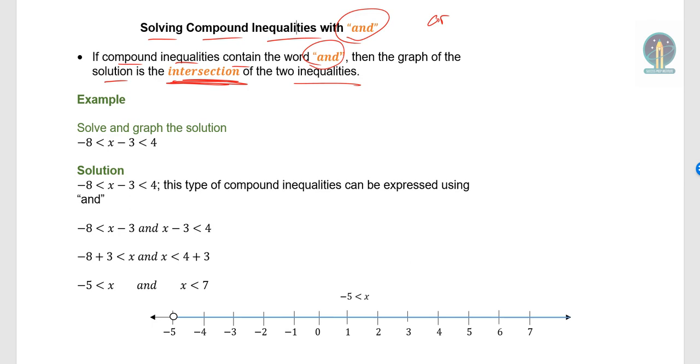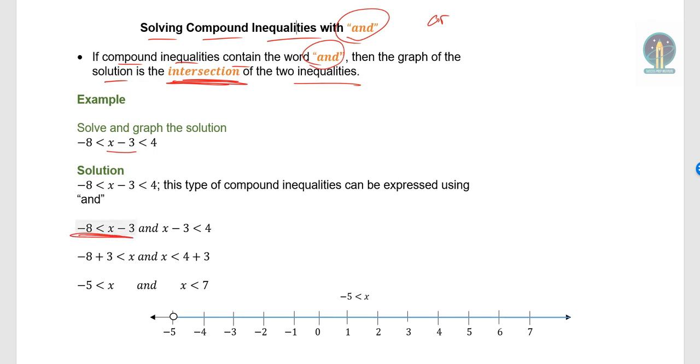So we have this inequality, minus 8 is less than x minus 3, which is less than 4. This type of compound inequality can be expressed using the and word as follows. It can basically be broken down into two portions. The first portion will read like this: minus 8 is less than x minus 3.